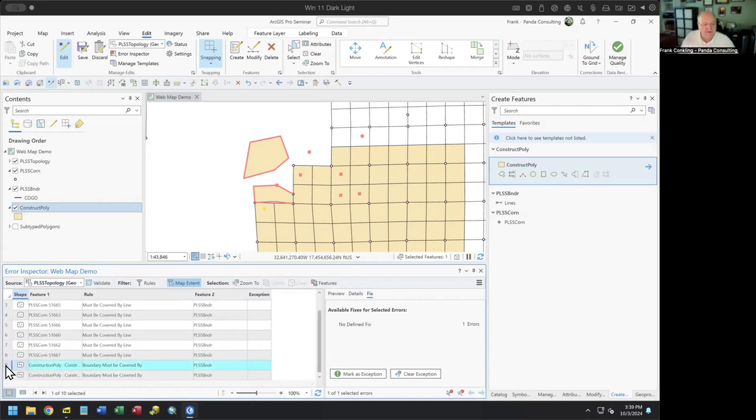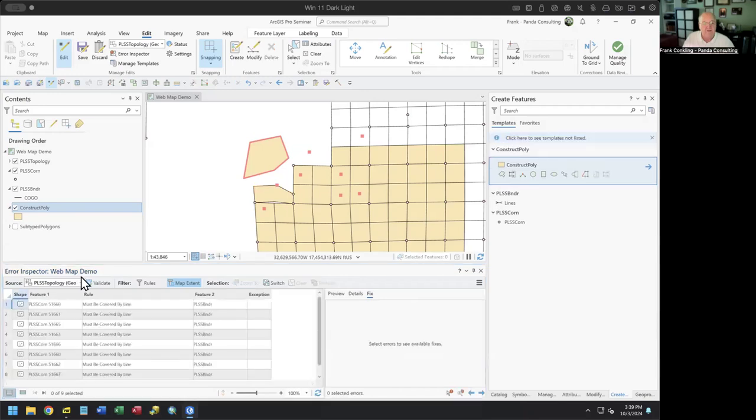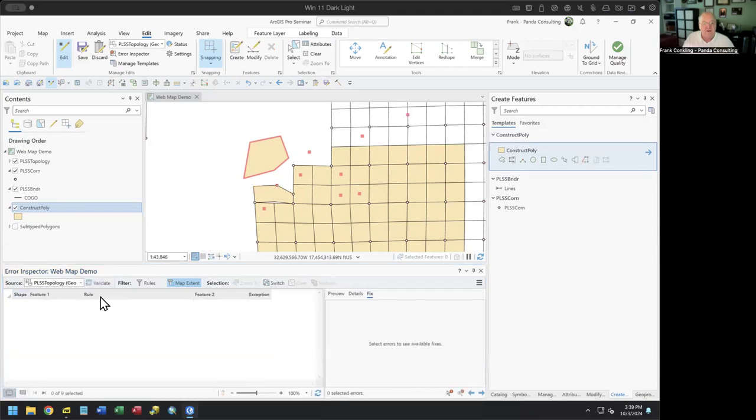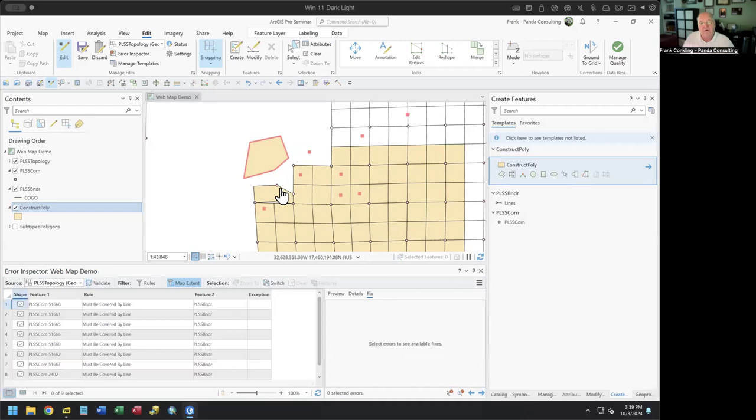Let's pay attention to this rule here that says this polygon boundary has to be covered by a line. If we look at the fix, it says we can create the line. In this case, let's go ahead and create the line. If we validate it, we will see, if we were real careful, two things happen. The first thing that happened was it put a line all the way around there.